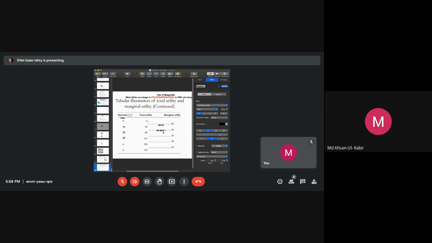Even then, if you do 10 minus 0, you will still get it for 1 unit because you are dividing it by 10. If you do 13 minus 10, you will still get the marginal utility for 1 unit because you are dividing it by 3. So everything is the formula.